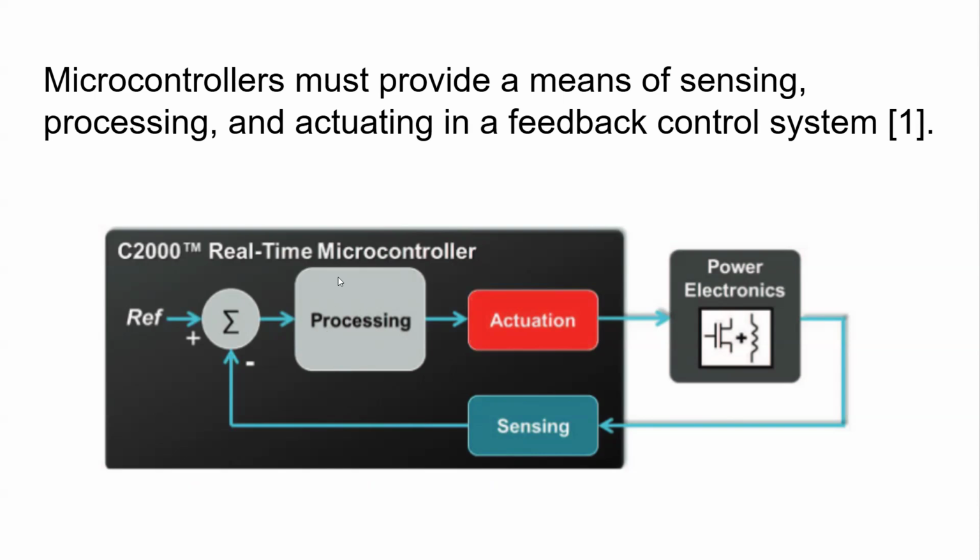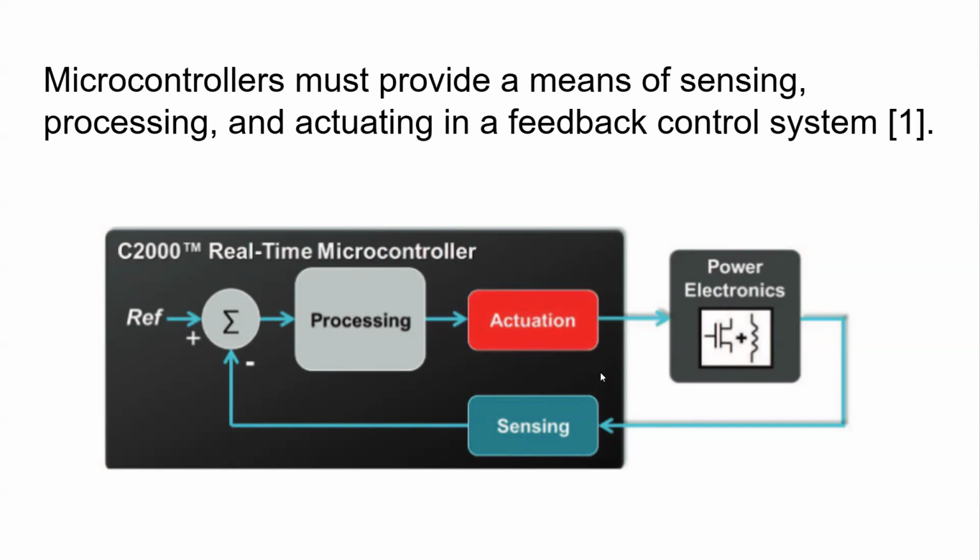From that error signal, we apply some control algorithm and then actuate some devices. So this is usually in the form of modulating the pulse width of some kind of an on and off switch. This is just a very high level overview of feedback control.